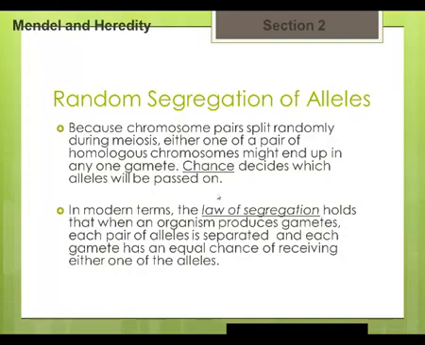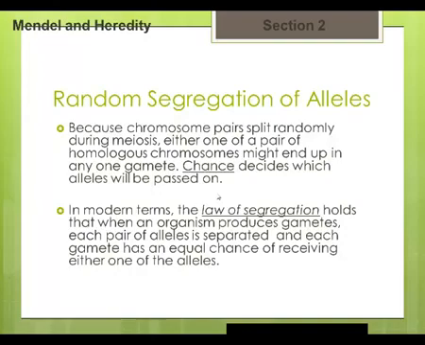So simply put, the alleles that you give to your offspring, or any organism gives to its offspring, you can give either one of the pair that you have. And chance decides which allele will be passed on. We use probability to try to explain that chance, but ultimately it just simply comes down to chance. It's basically a roll of the dice.